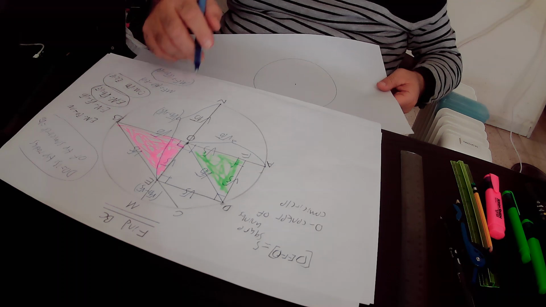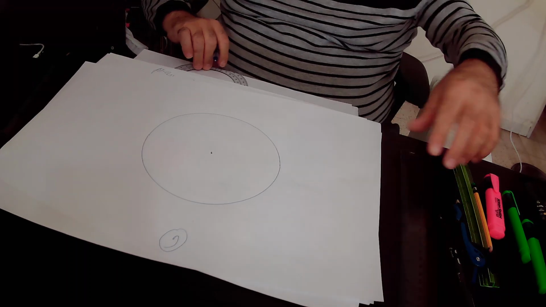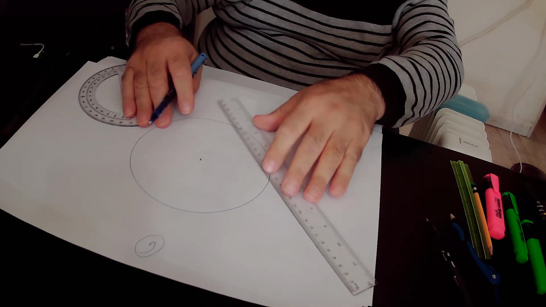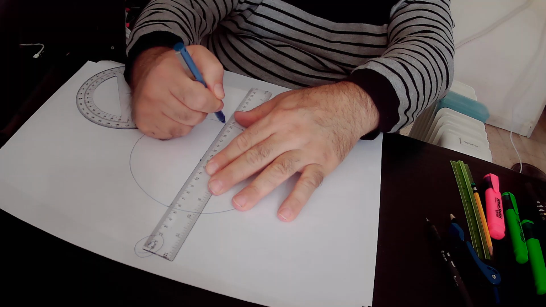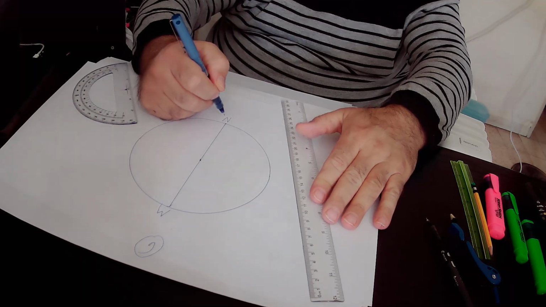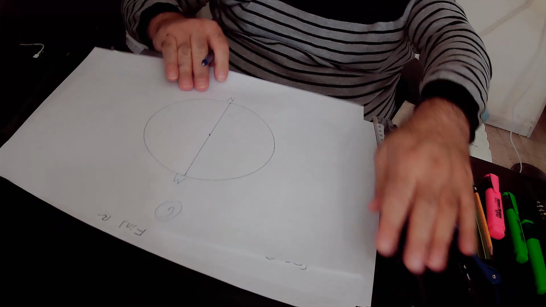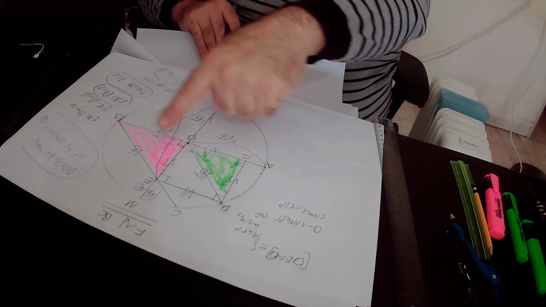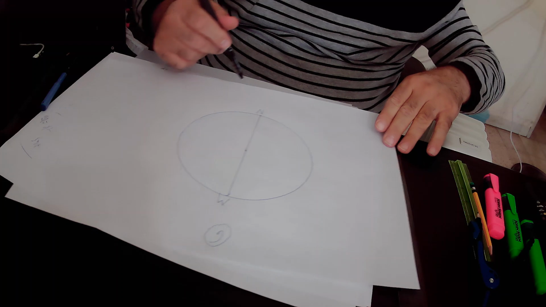You can see that chord MN passes through the center of the circle. So this is called MN, that intersects with this chord called CB. Intersects with chord CB.